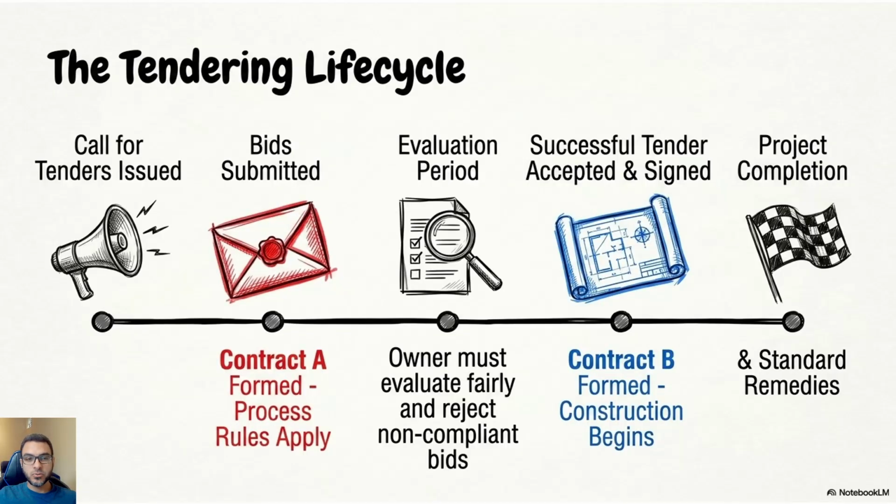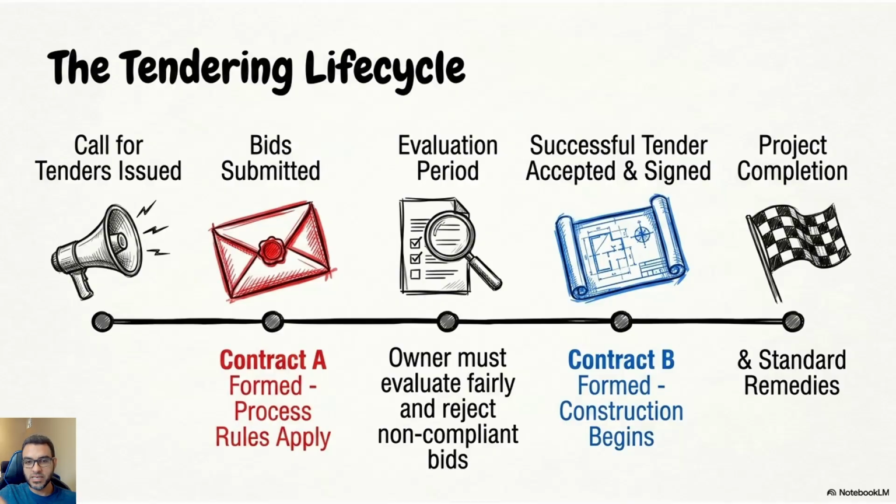Now looking at the full life cycle of tendering, it starts with a call for tenders issued by the client, and then bids submitted by the potential vendors. At that moment, Contract A is already in effect, which will govern the process of tendering from this point.